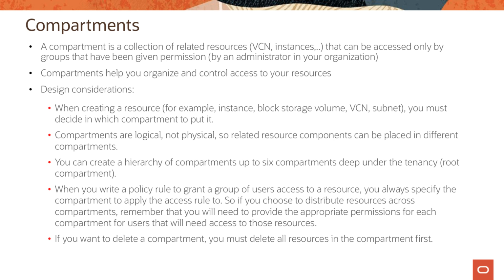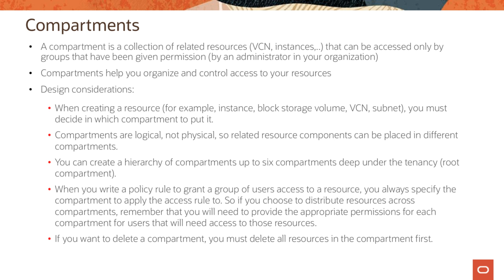And it's also important to remember that if you choose to distribute your resources across compartments, and the users need access to these different resources, then your IAM policies should provide appropriate permissions for each compartment for all the users that would need access to these resources.